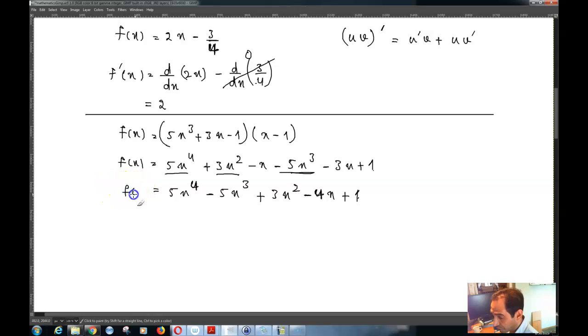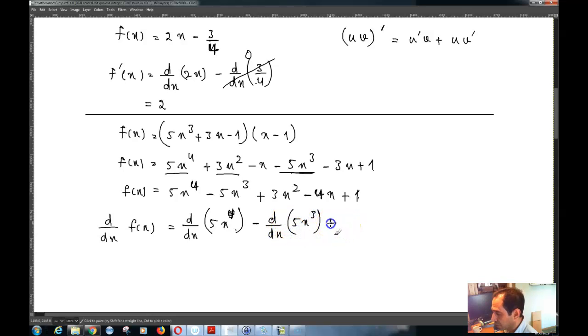And now you can find the derivative of this function, meaning that you can write d by dx of f of x is equal to d by dx of each one of these terms: d by dx of 5x raised to the power 4 minus d by dx of 5x cubed plus d by dx of 3x squared minus d by dx of 4x plus d by dx of 1.